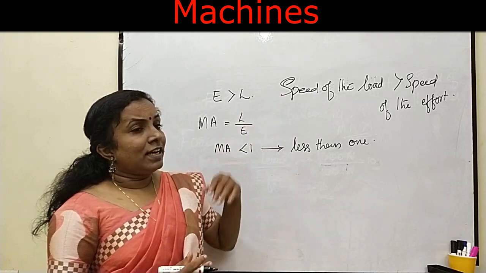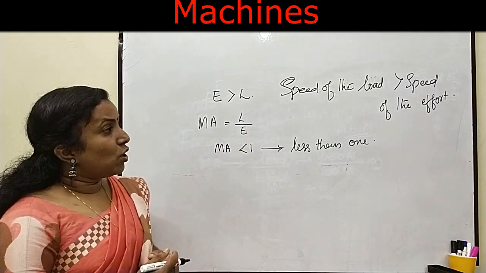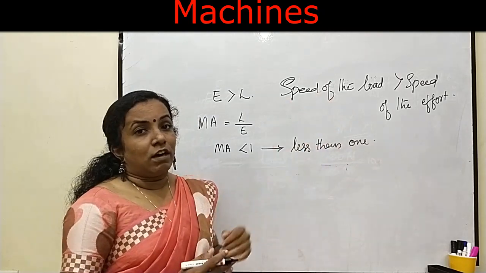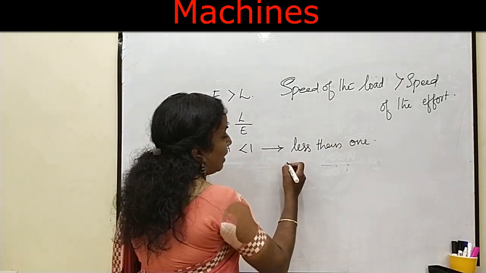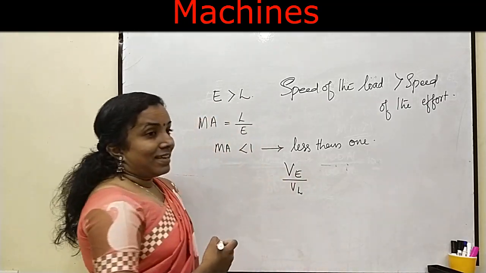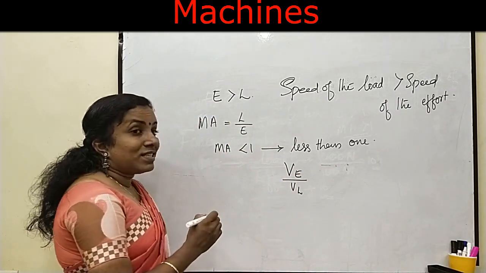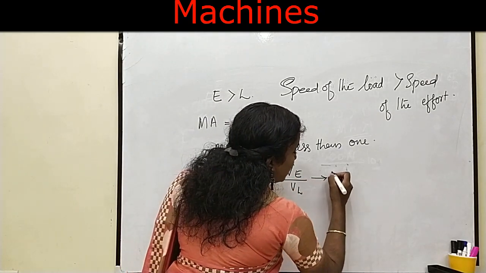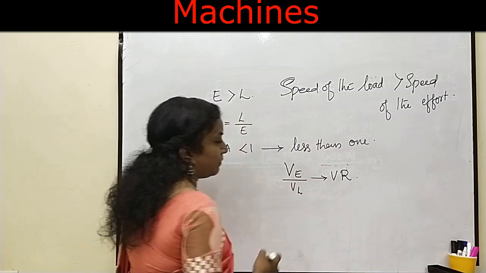And here, if you take the ratio of speed of effort by speed of load, or velocity of effort by velocity of load, it is called velocity ratio, and the symbol of velocity ratio is VR.